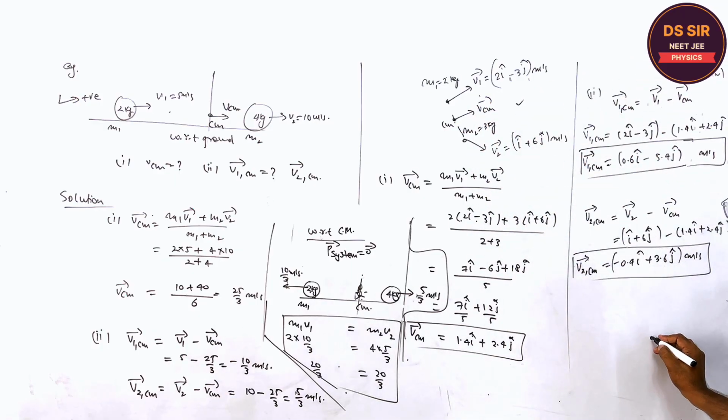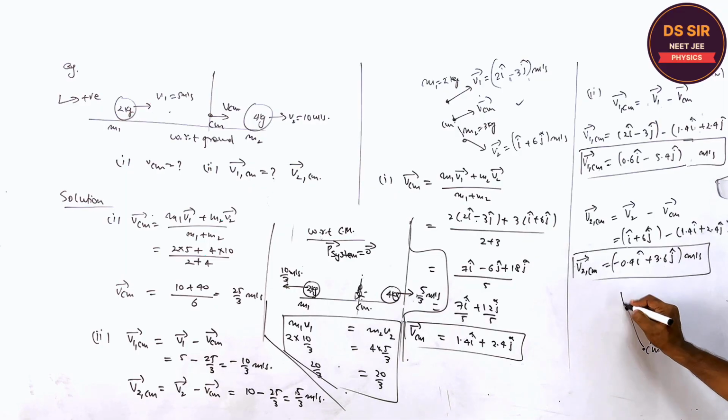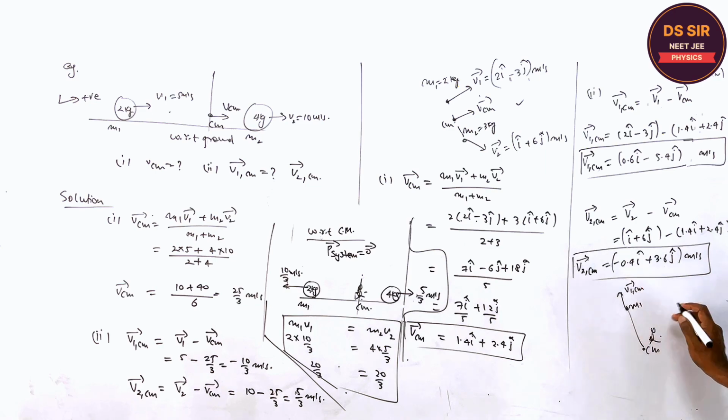But if you sit on the center of mass, this is the center of mass. So this is the m1 v1 with respect to center of mass, and this is the mass m2, and the velocity is v2 with respect to center of mass. So this is the v1 comma cm, this is the v2 with respect to center of mass.